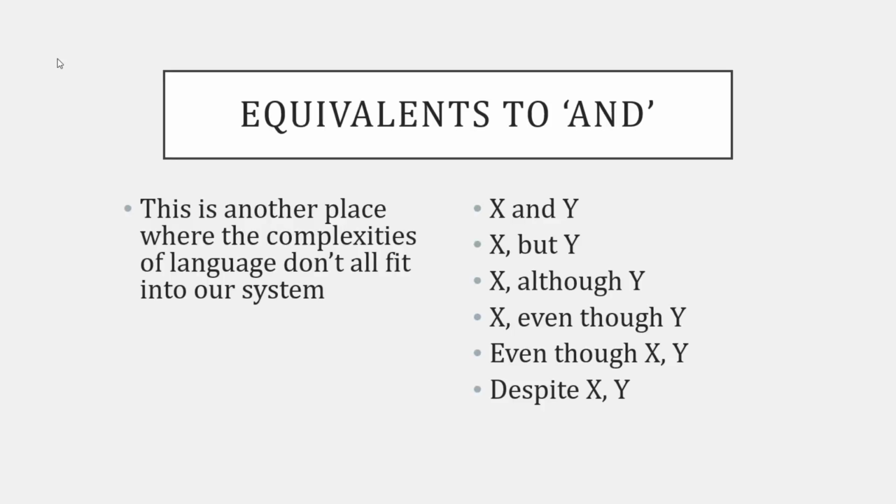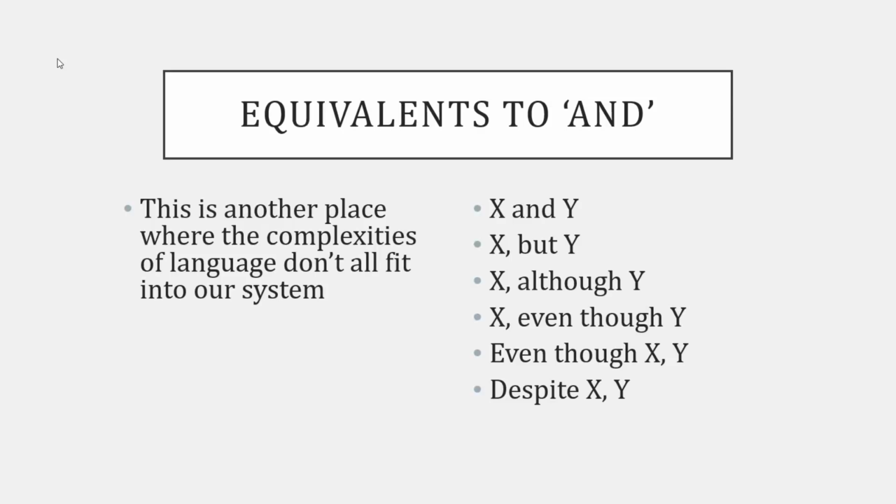It's counterintuitive. Similarly, X although Y. I'm seeing Angela, although I'm happy. What you're saying is X is true and Y is true, right? So the truth value of that whole sentence is just determined by whether X is true and whether Y is true.